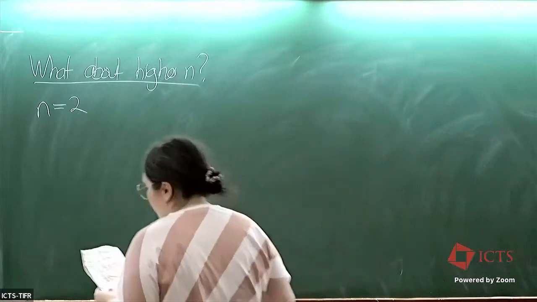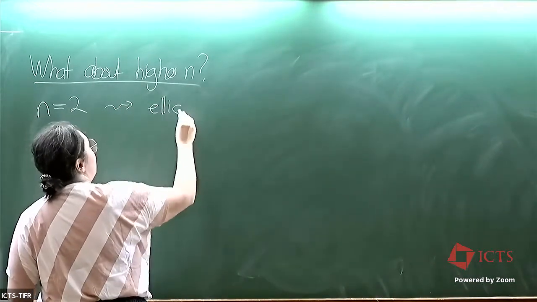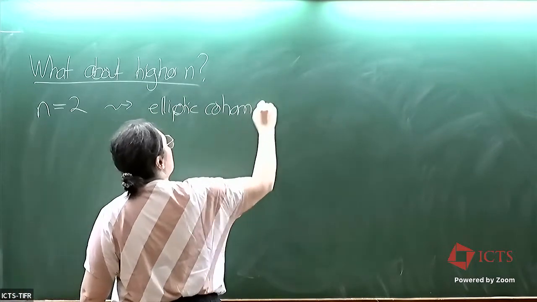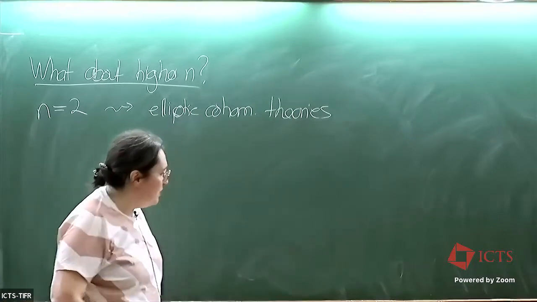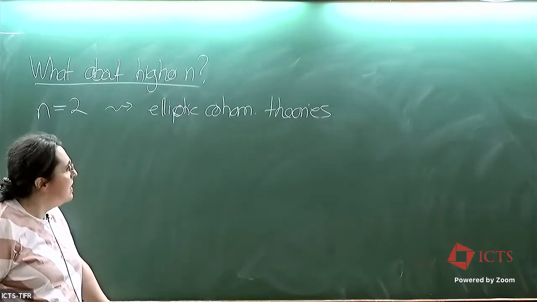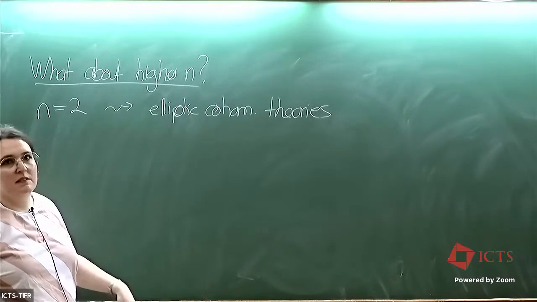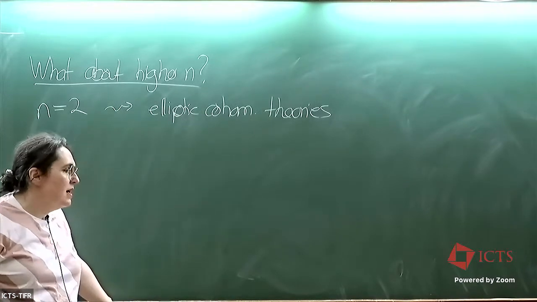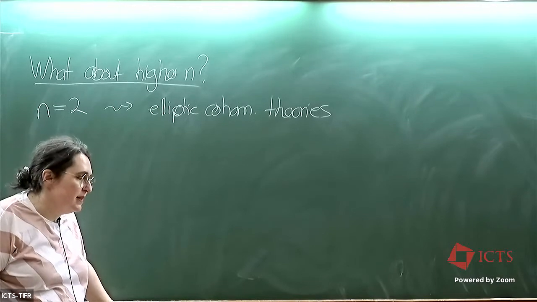For n equals 2, one gets to something called elliptic homology theory. Of which I know extremely little, but Neil knows a lot more. So there are still certain concrete things that people are trying to do at n equals 2. People are also still trying to calculate things.